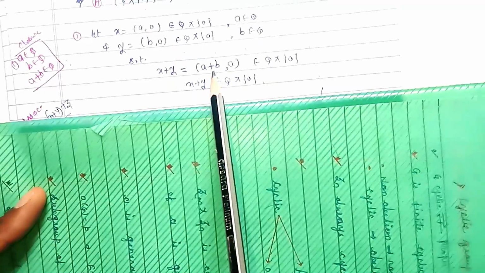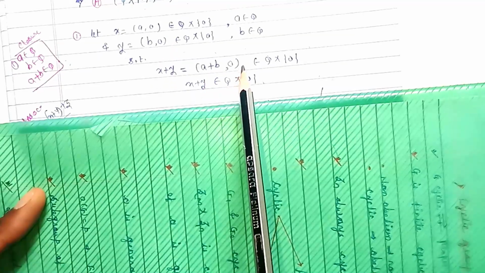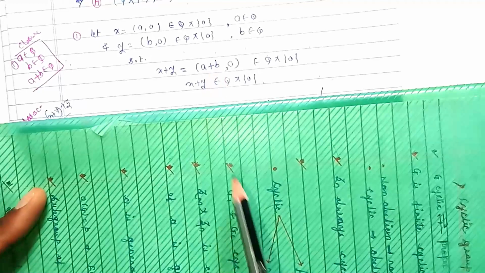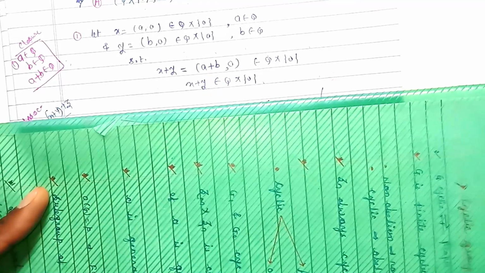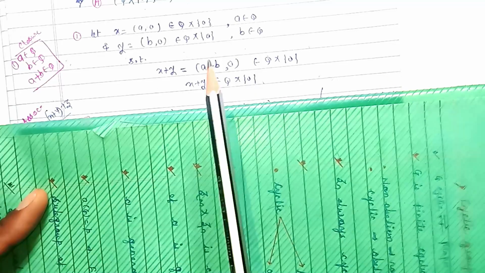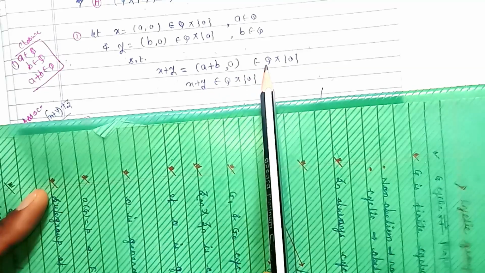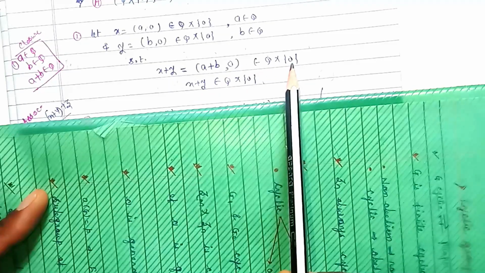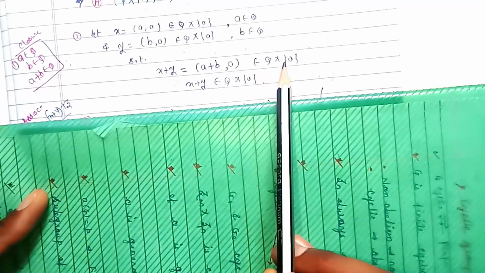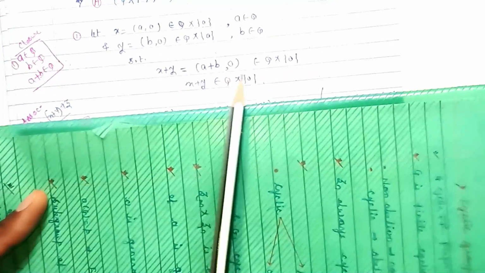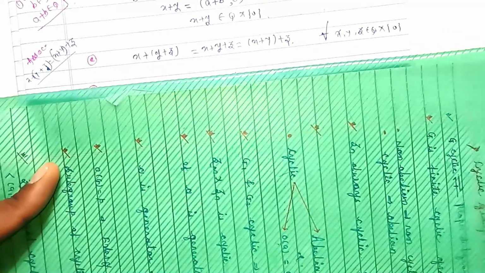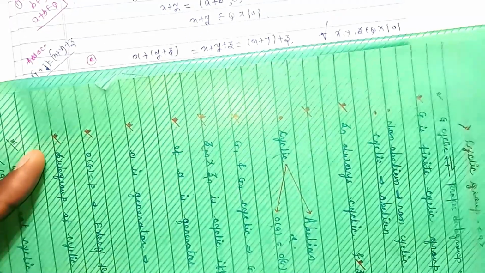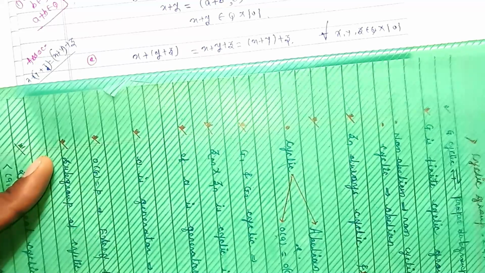We know that if a and b are from Q, the rationals, their addition is also rational. So a plus b is already in the rationals, and 0 is already in the singleton {0}. That's why x plus y belongs to Q cross {0}. So the closure property holds here, and we can easily show it. Now the next task is to find the associative property.